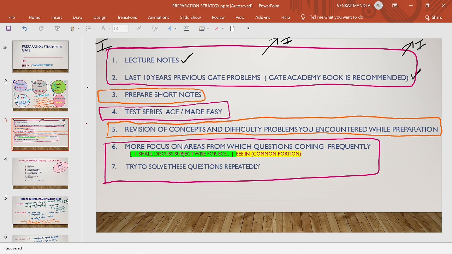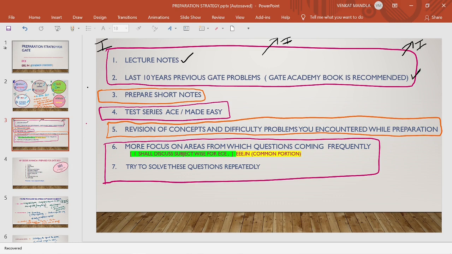To overcome that, we need to repeatedly study the lecture notes, and we need to clear out doubts with our friends and the lectures. So for that, it will take so much time.